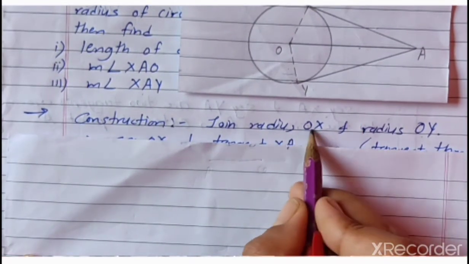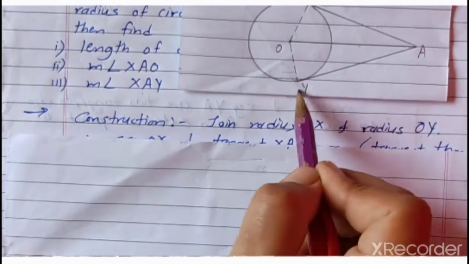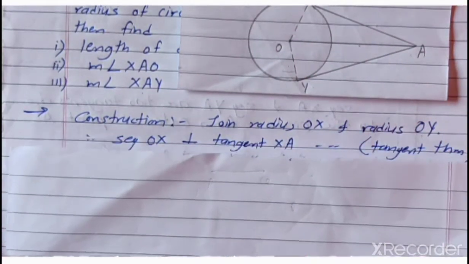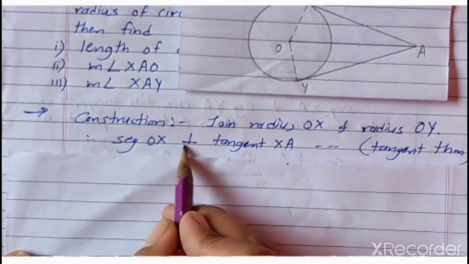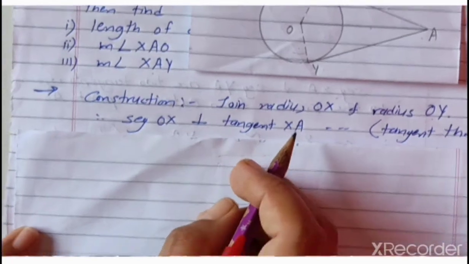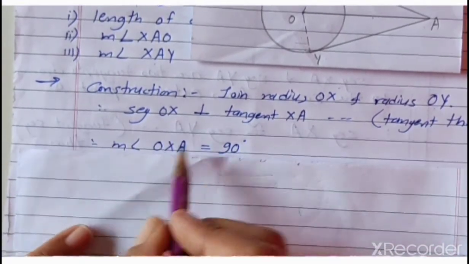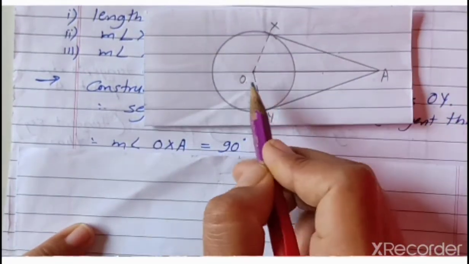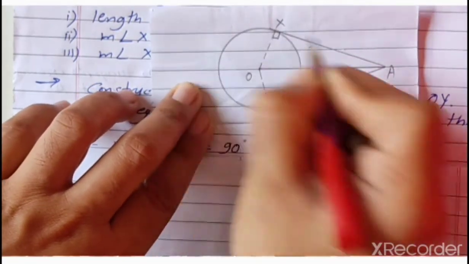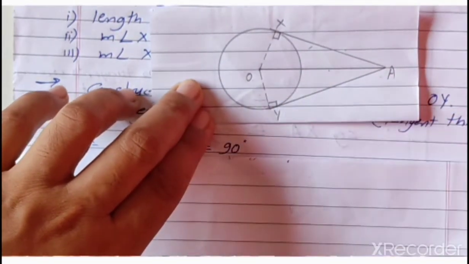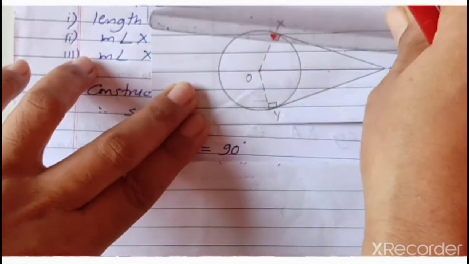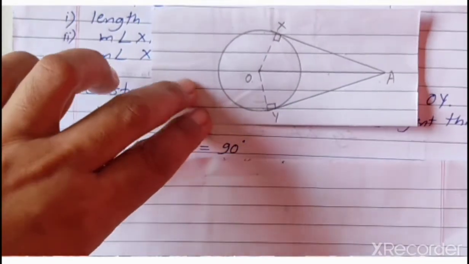So if OX is a radius and XA and YA are two tangent segments, by using the tangent theorem you can say it is perpendicular to XA. Therefore this measure of angle OXA is 90 degree. Here also 90 degree. So you can say these two triangles, first triangle and second triangle, both are right angle triangles.